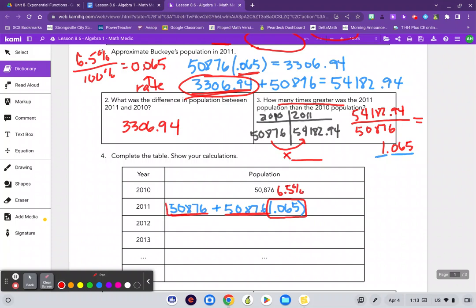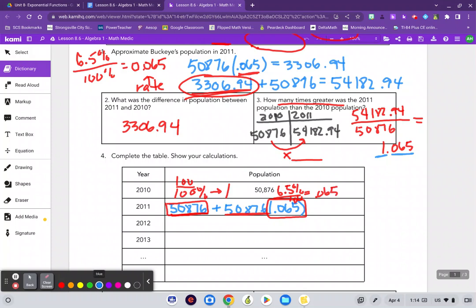And I really could think of this as being, I have 100% of what I started with plus 6.5% of that value. Okay, and so really, this would convert, if I divide 100 by 100, I get 1. We said if we divide this by 100, we get 0.065.